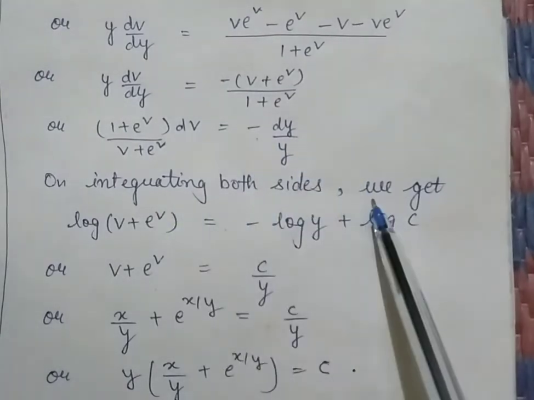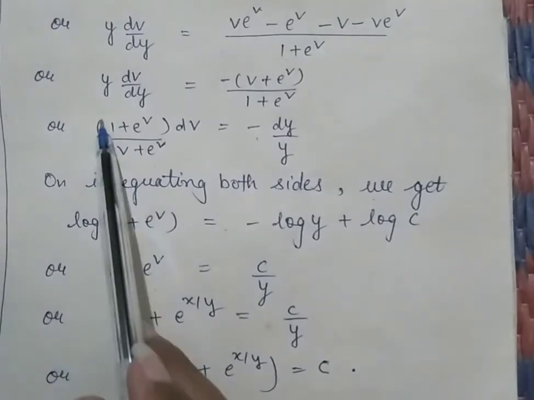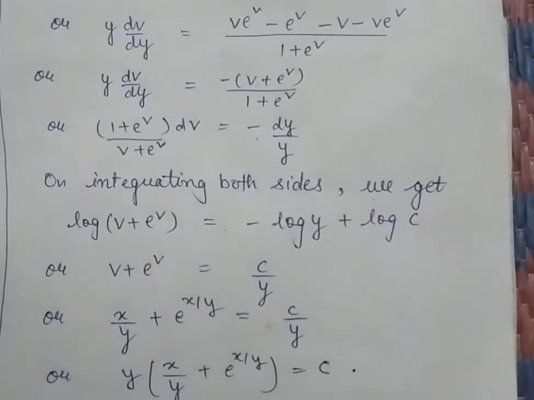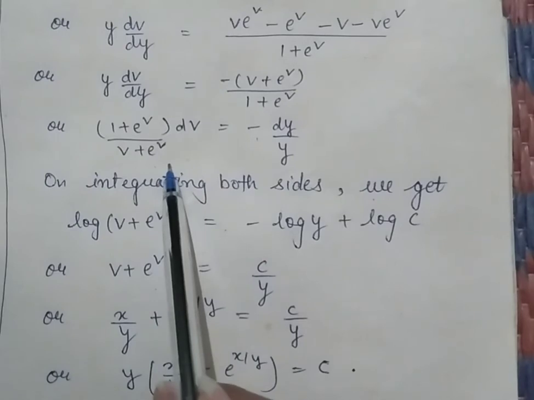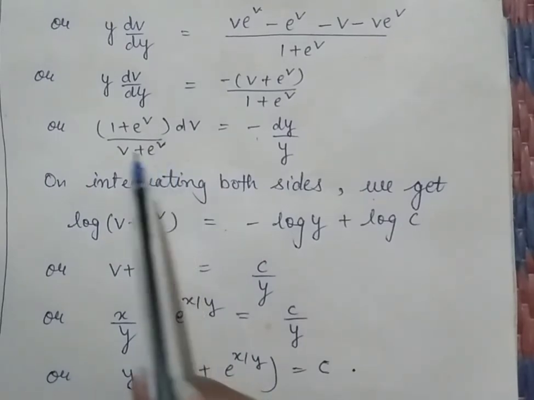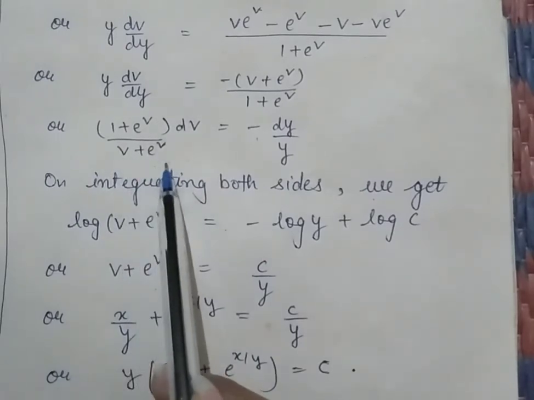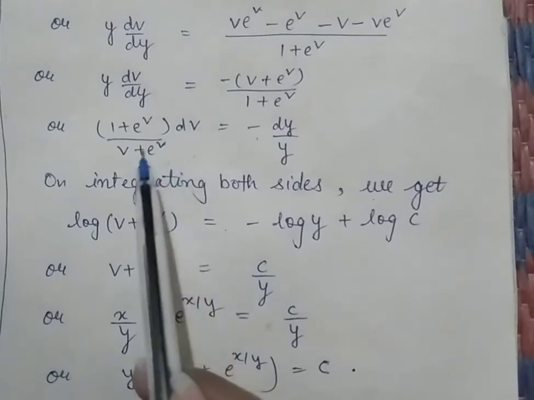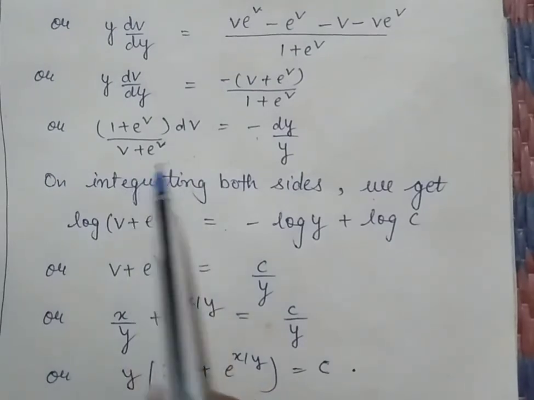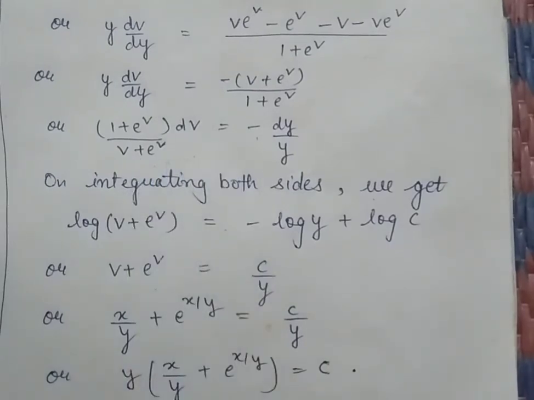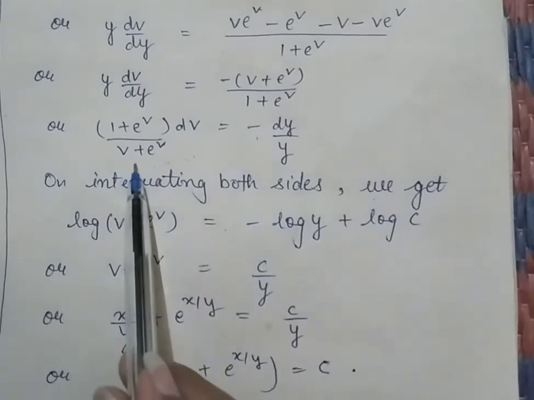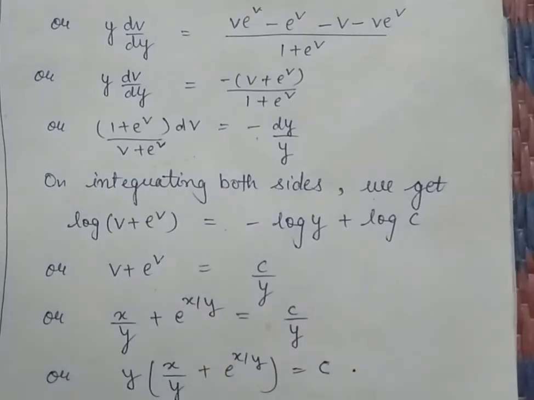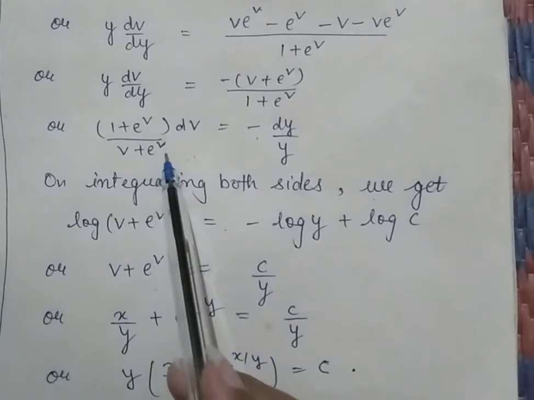Now we integrate both sides. For integrating this, I substitute v plus e raised to the power v equal to t. Then on differentiating, I get (1 plus e raised to the power v) dv equal to dt. So this integral becomes log t, and t was v plus e raised to the power v.